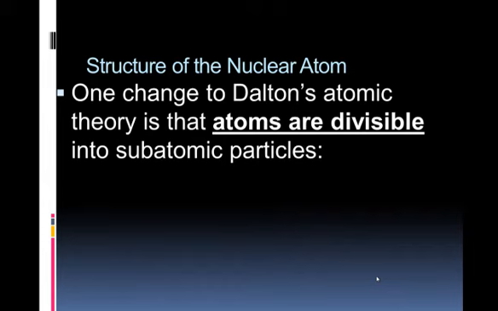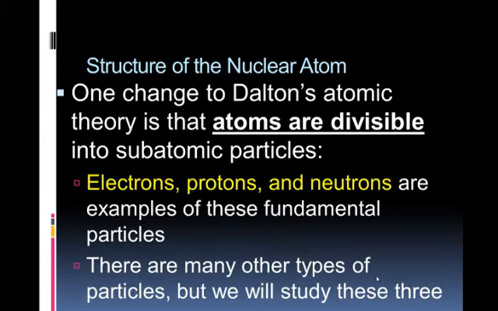What we know is that they can be divided up, and they are into 3 subatomic particles: protons, neutrons, and electrons. These are the fundamental particles, which means that there are other ones called quarks, but we're only going to really focus in on electrons, protons, and neutrons.